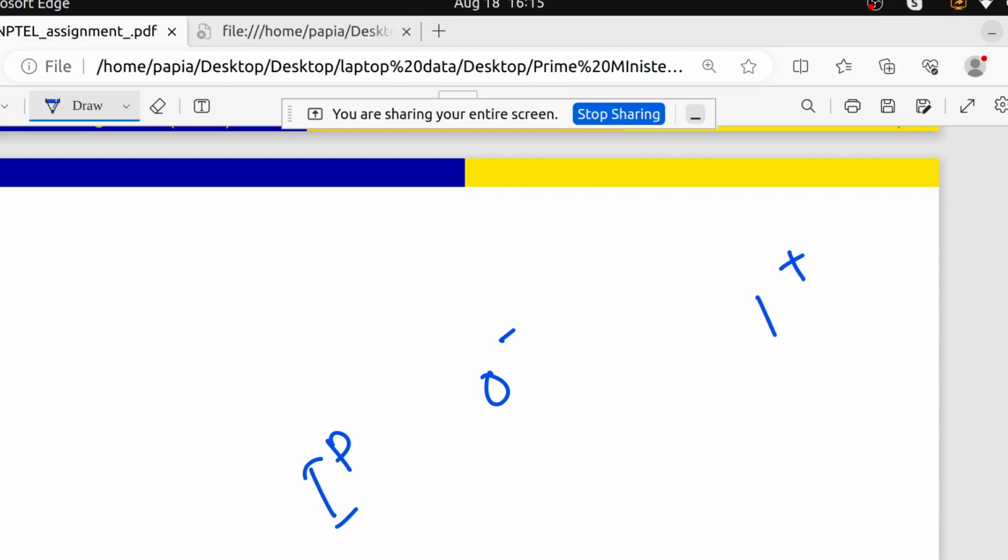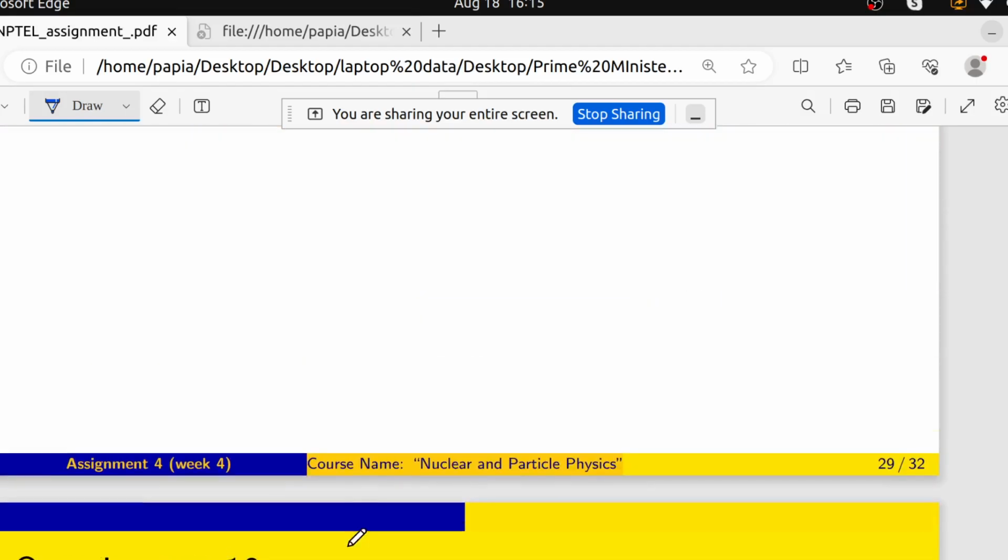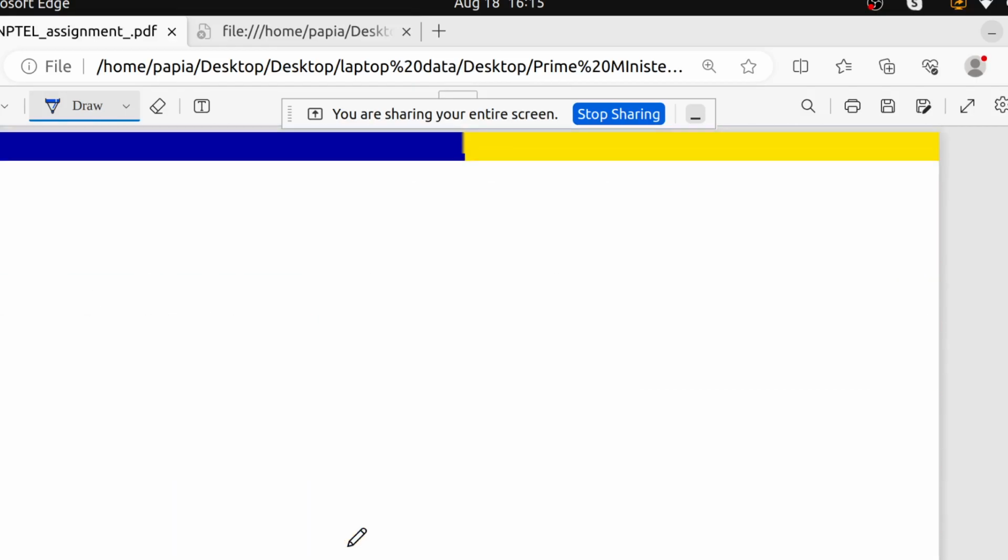If it is allowed, which type, or if it is forbidden, which type? Then calculate delta I here. Delta I is 1. And what is delta parity? According to our table it is yes, and delta I equals 1. So just go to the table so that you can understand.